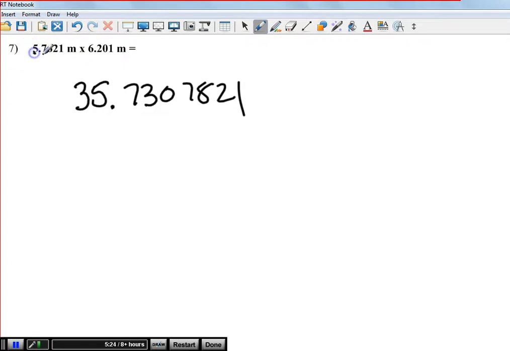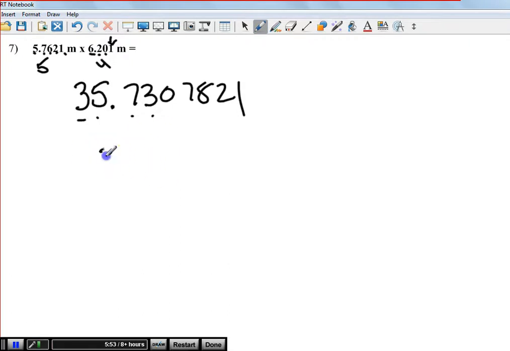So this has 5 significant figures. This has 4 significant figures. So our answer can only have 4 significant figures. All of these other places are only part of the mathematical answer. The weakest link has 4 significant figures, so our answer can only have 4. That's as good as our calculations will allow.